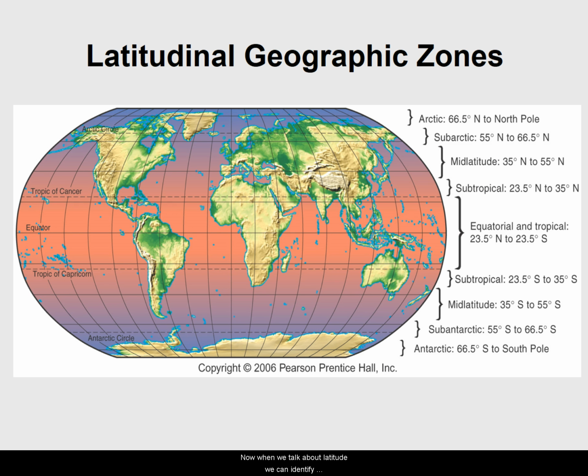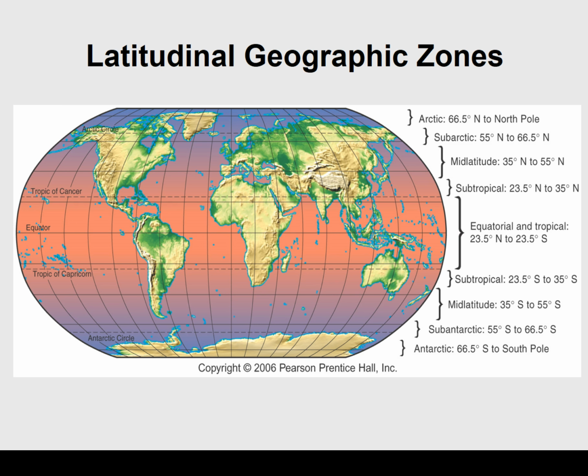Now, when we talk about latitude, we can identify latitude in regards to geographic zones. We can define latitudinal regions by geographic zones in which we observe changes on the Earth's landscape.